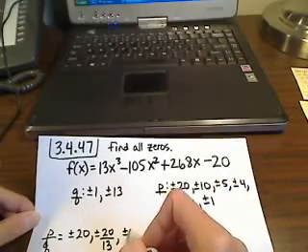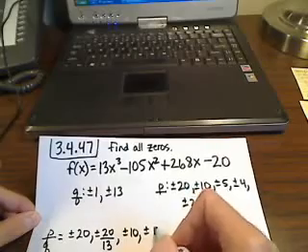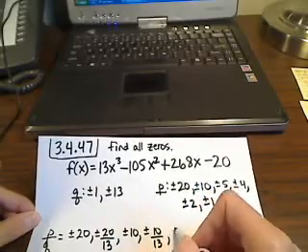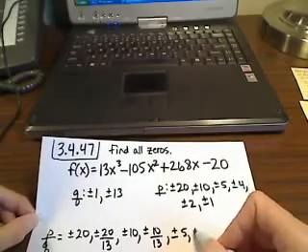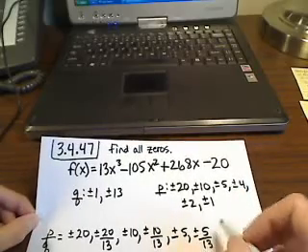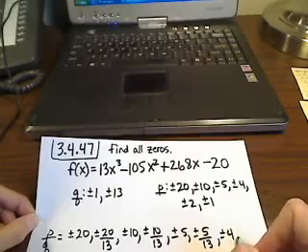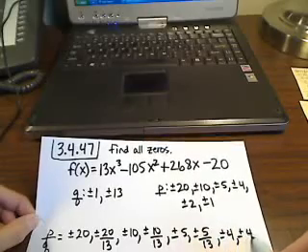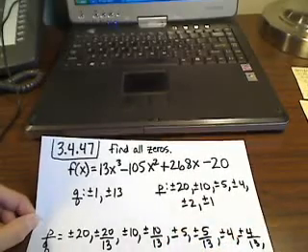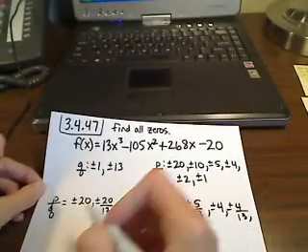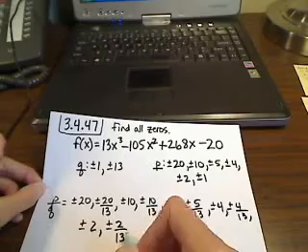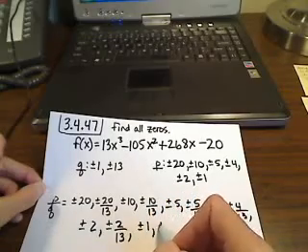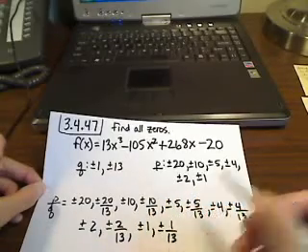So it'll be plus or minus 10, plus or minus 10 thirteenths, plus or minus 5, plus or minus 5 thirteenths, plus or minus 4, plus or minus 4 thirteenths, plus or minus 2, plus or minus 2 thirteenths, plus or minus 1, and plus or minus 1 thirteenth.